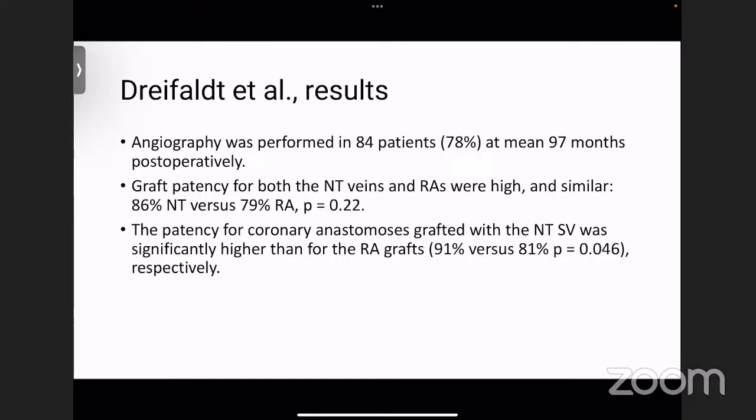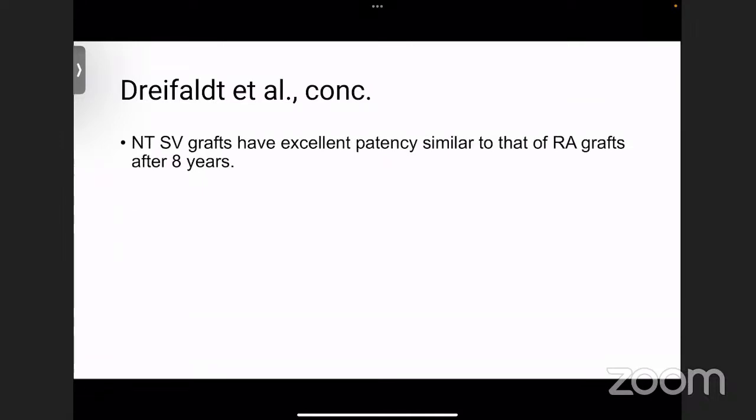However, they found a significant difference between the patency of the coronary anastomoses grafted with the non-touch saphenous, and found that it was higher than the RA grafts. The conclusion was essentially that they have excellent patency, similar to RA grafts. This is the non-touch saphenous.